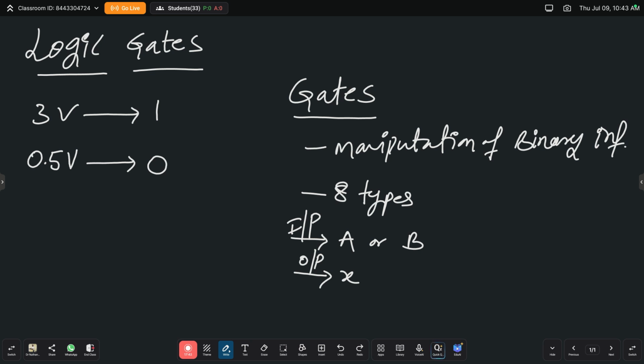Your binary gate reads the inputs, and after performing the operation, the output is represented through x.